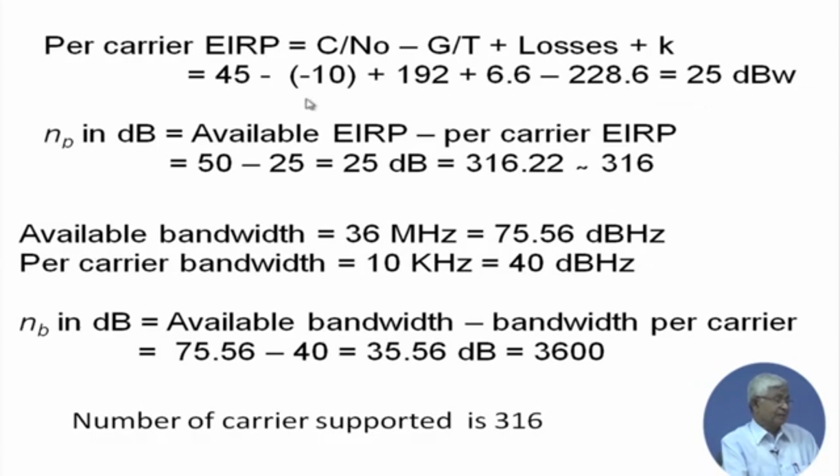That can be improved in various ways: either you select a transponder which has more ERP, or you improve in terms of losses, or improve in terms of G by T. Losses are a natural thing, so it is better to improve by G by T. Okay, we will see those types of system design problems later. So, this is one example.